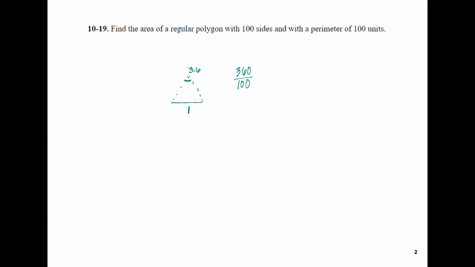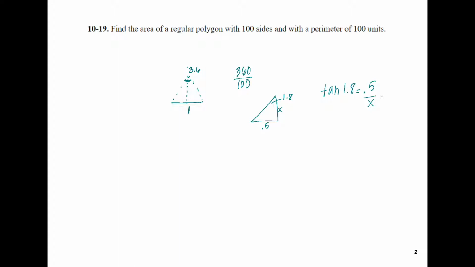In order to find the area of my polygon, I need to find the area of that triangle. So if I take 3.6 and divide it by 2, I get 1.8. So to find the height of my triangle, if my angle is 1.8, my opposite side is 0.5, I'm going to use the tangent of 1.8 is equal to the opposite over x.